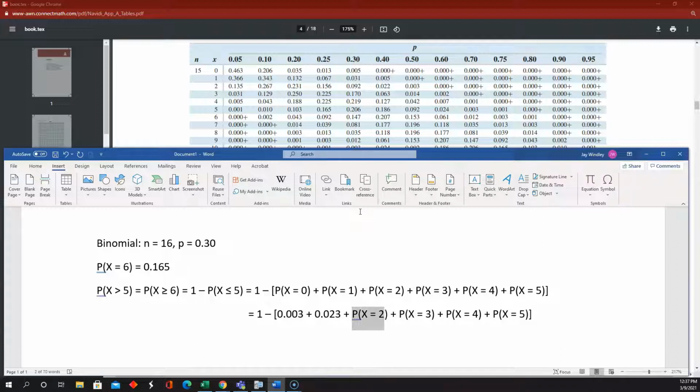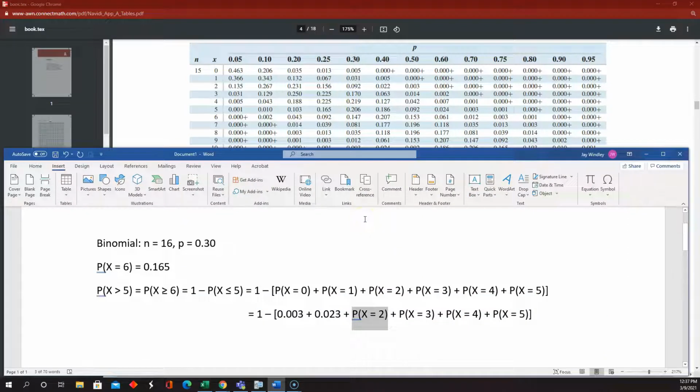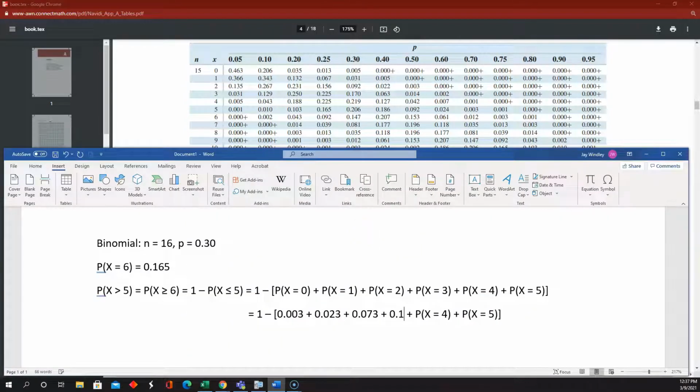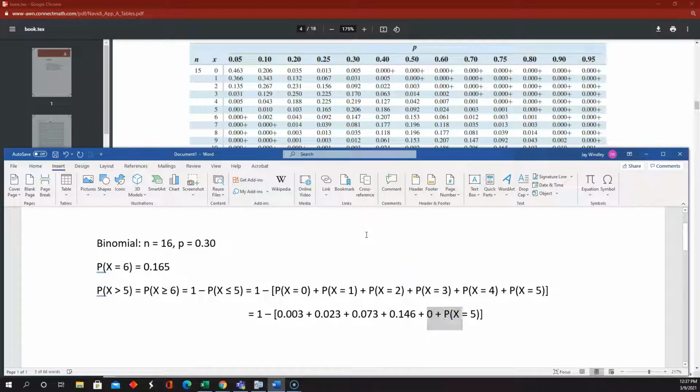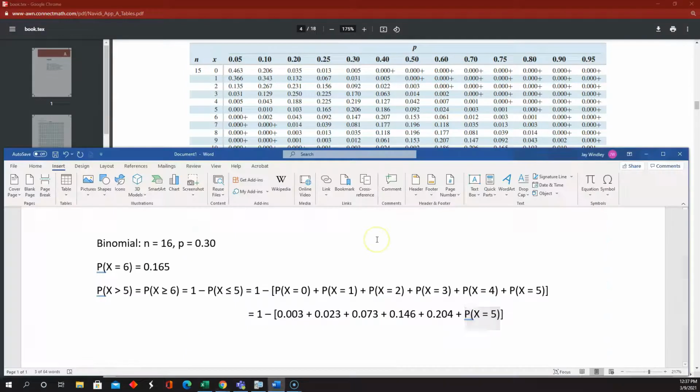The probability of 2 successes is this 0.073 number. The probability of 3 successes is this 0.146 number. The probability of 4 successes is this 0.204 number. And the probability of 5 successes is this 0.210 number.